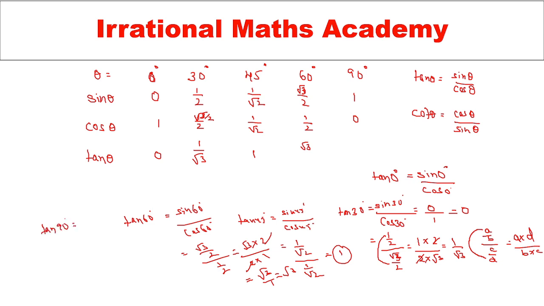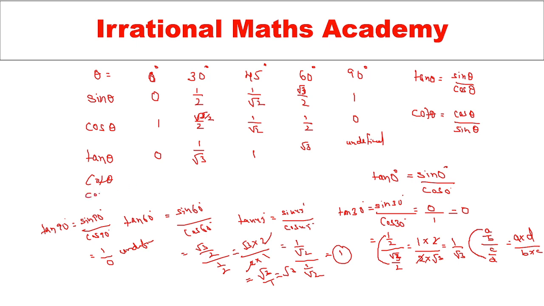And tan 90 degrees. Tan 90 degrees is what? Sin 90 degrees by cos 90 degrees. Sin 90 degrees is 1. Cos 90 degrees is 0. So 1 by 0 is what? Undefined. So tan 90 degrees is undefined. Clear? You can find out the values of cot. As I said, cot value is cos theta by sin theta.